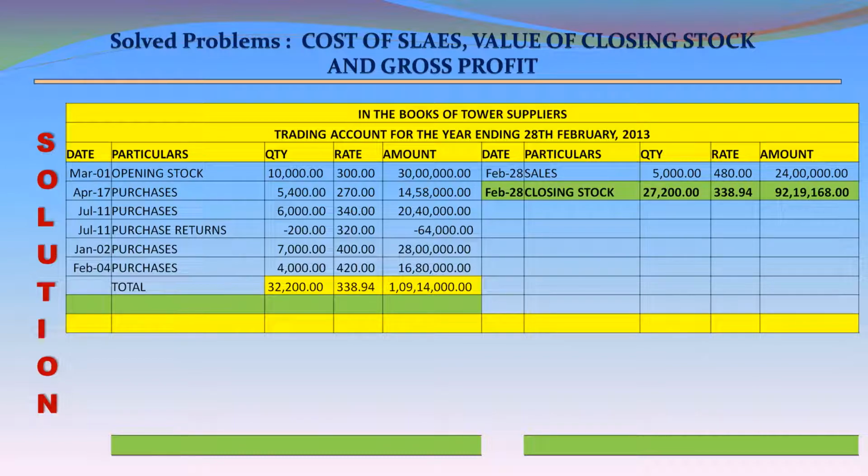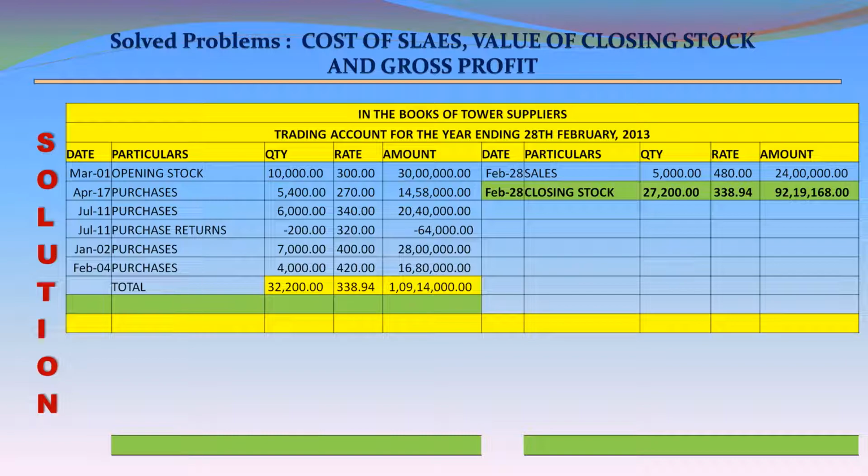On the credit side, February 28, closing stock 27,200 units: 32,200 total purchases minus the sale of 5,000 is equal to 27,200, and the weighted average rate as calculated on the purchases side is 338.94 per unit.